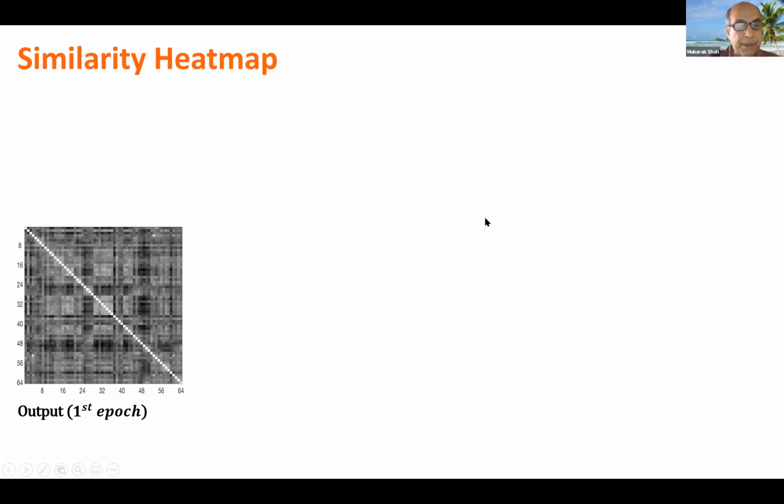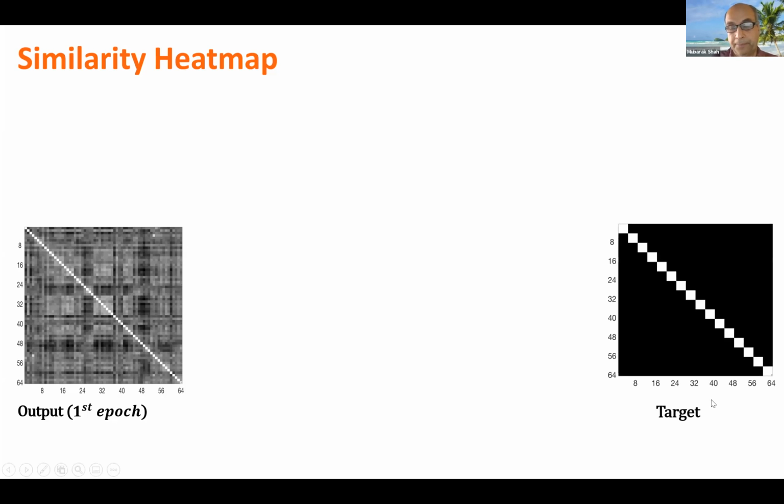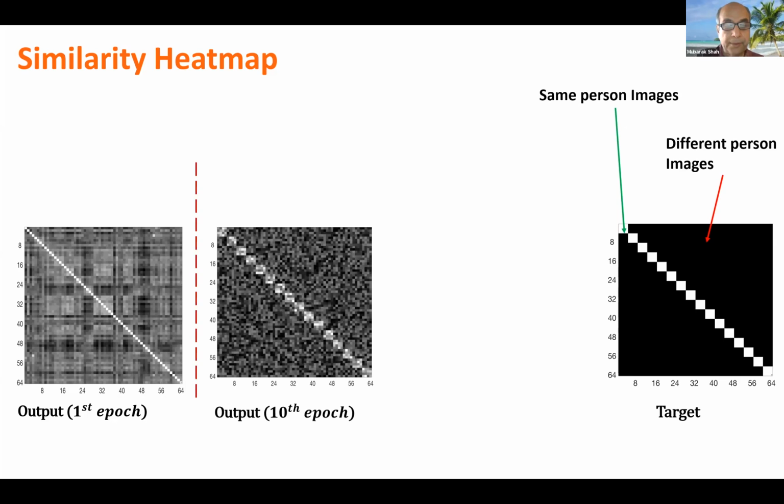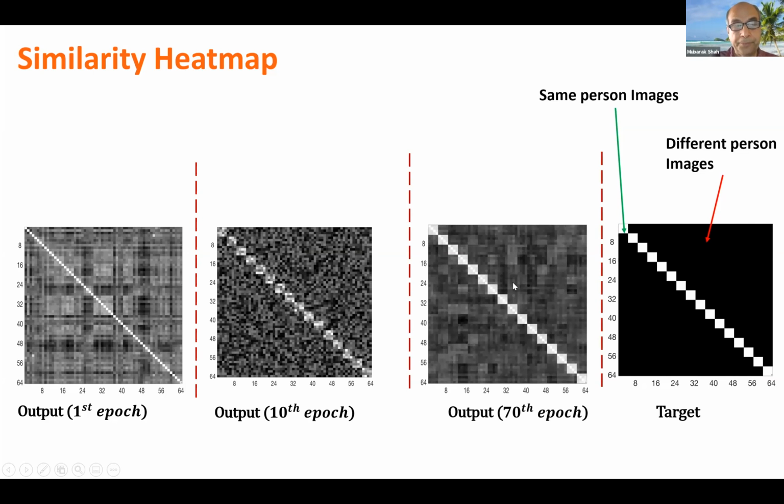When we start at the first epoch, this is the similarity heat map, and this is the ideal one that we want: matches of a person with a different person, and the diagonal is the same person, which should be the highest. As you go through different epochs, from first to 10, we have a better diagonal. And here we get even more improvement, getting closer to the ideal, which is good.